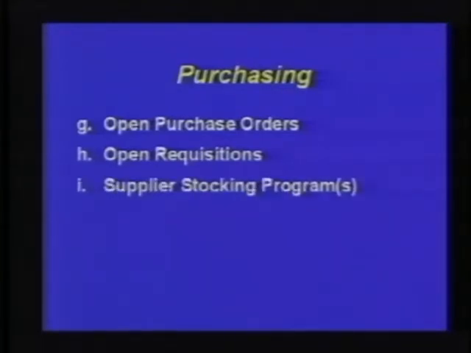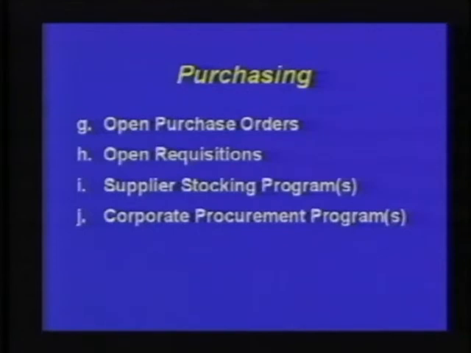G are any open purchase orders, and that would not only be by purchase order number, but likewise by supplier. The same would hold true for item H, open purchase requisitions, and then where supplier stocking programs exist, that would be by supplier, item number I, and J would be corporate procurement programs where 2 or more facilities are purchasing the same item from the same source, namely the supplier.